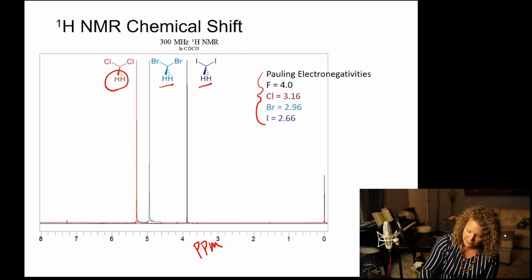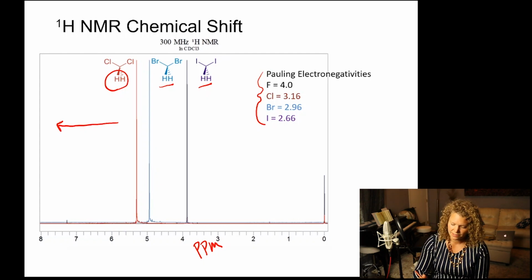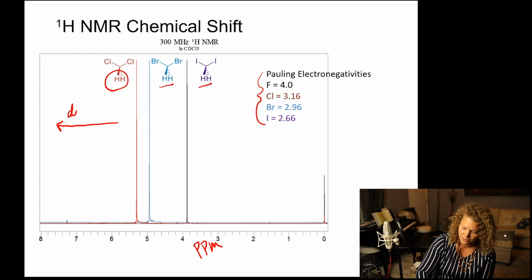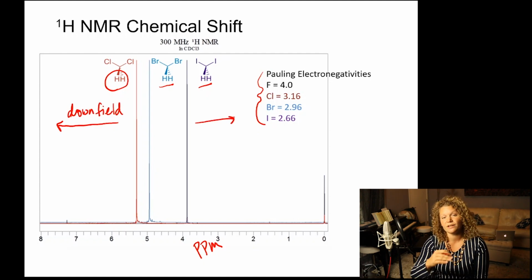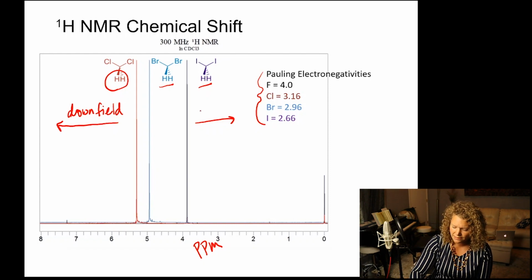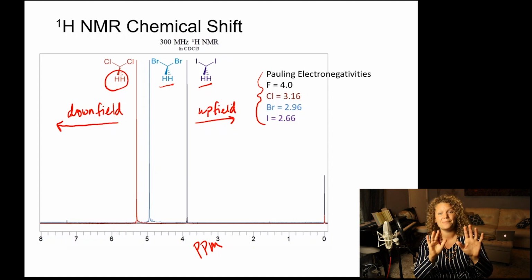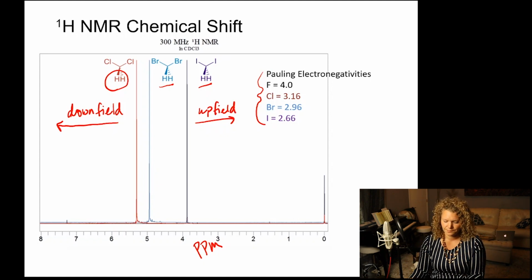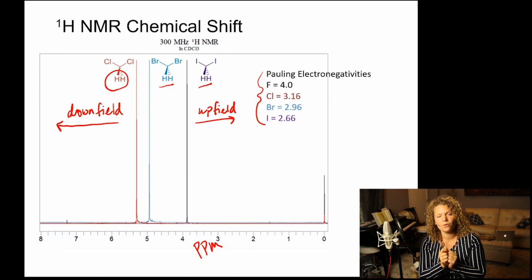Now, when we look at this, the way we would describe it as organic chemists is that this is shifted downfield. And if it shifts to lower ppm, we would consider this shift to be upfield. This is how we compare different compounds. Now, what is happening here is that our chlorine is the most electronegative atom of the three compounds.